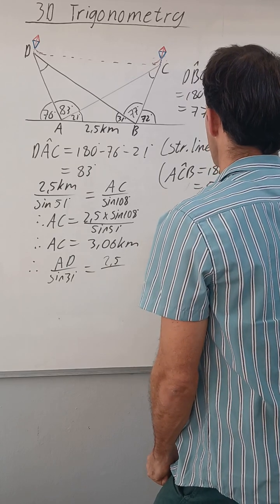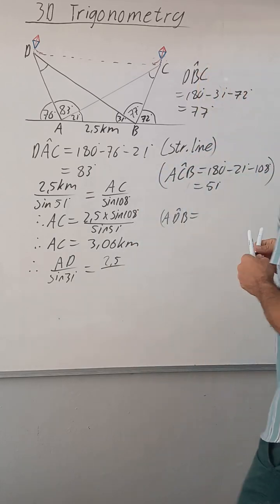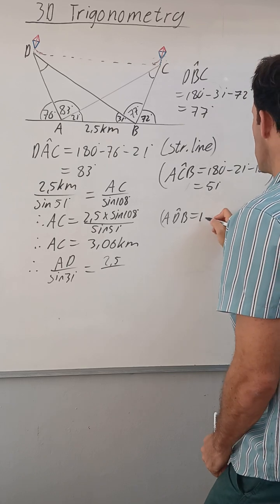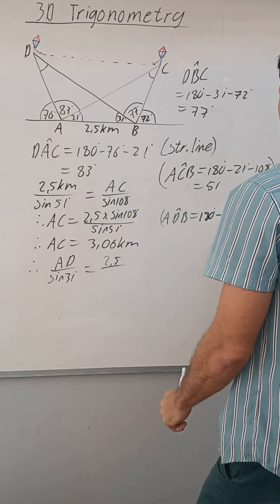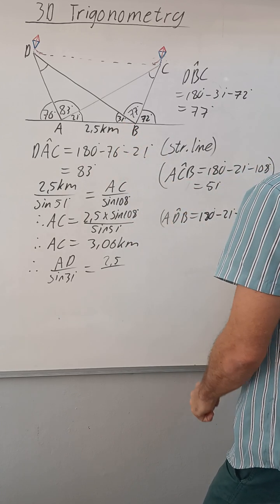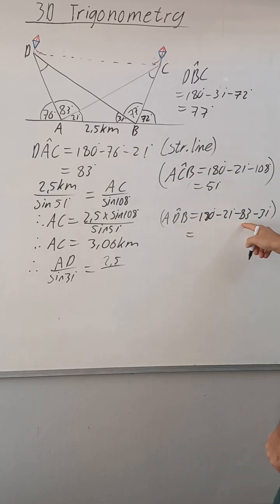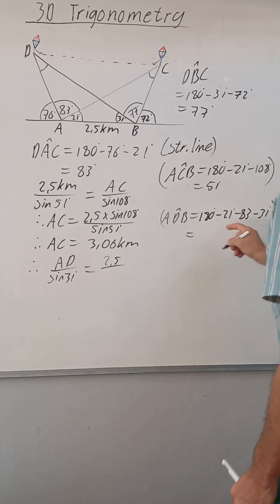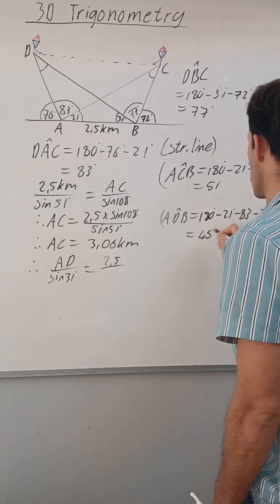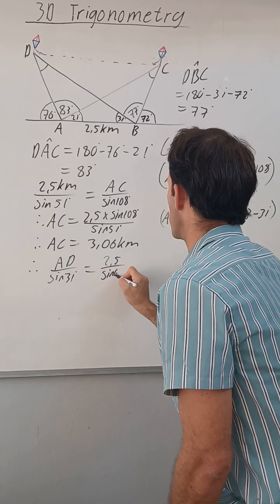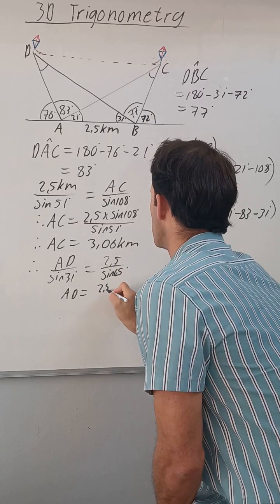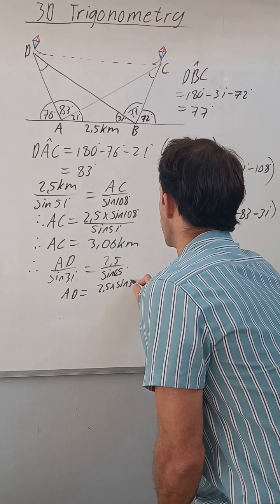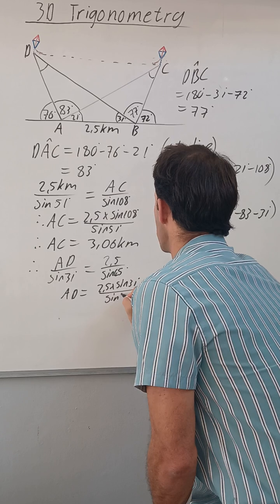So ADB will be 180 minus 21 minus 83 minus 31. So what does that give you? Let's see, 135. So 45. So we're going to say over sine 45. So then AD will be, if you cross multiply, 2.5 times sine 31 divided by sine 45.